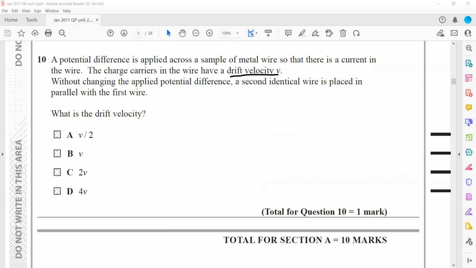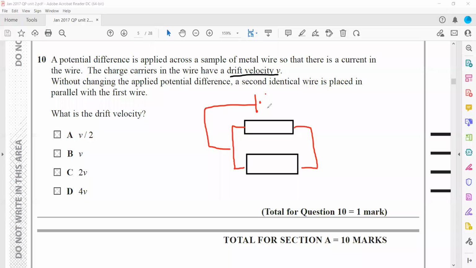As the potential is applied across a sample of a metal wire, there is a current in the wire, and the charge carriers have a drift velocity V. We did not change the potential. A second identical wire is placed, and we apply the same voltage.